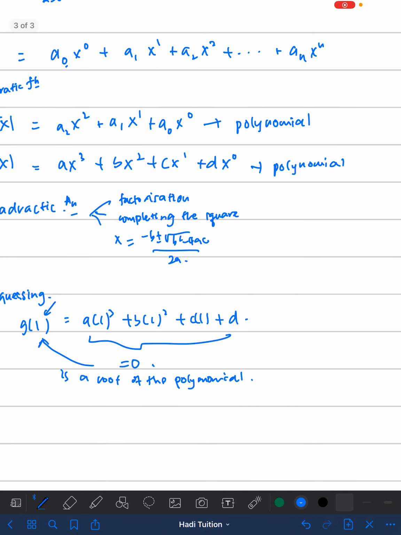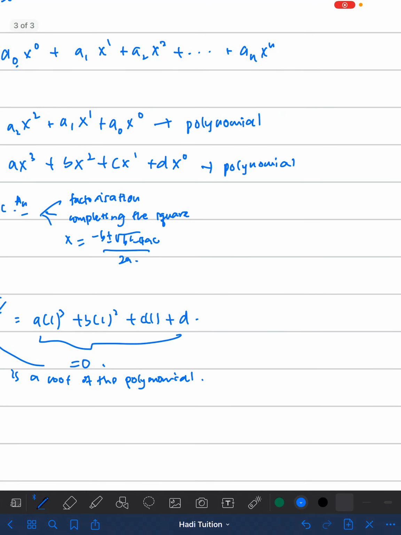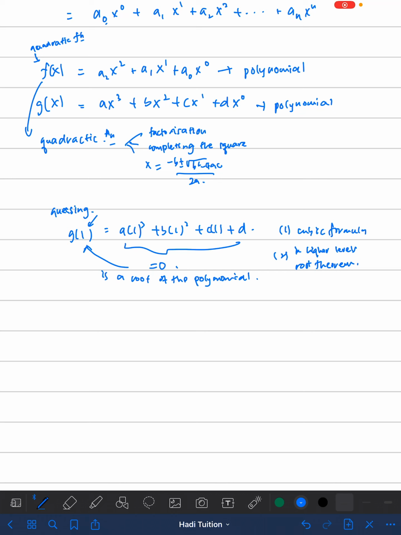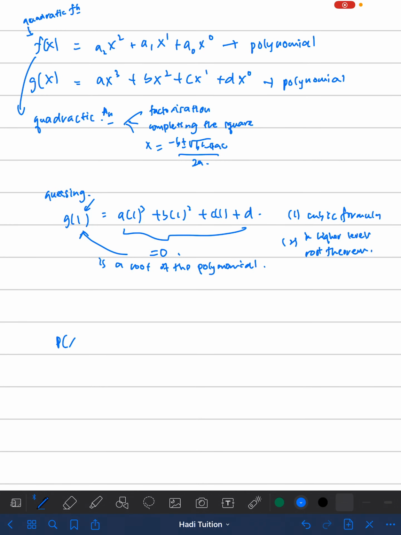You won't be tested on this, but there are many other ways to solve for this. Firstly, you could use the cubic formula, or in higher levels you have a root theorem. A polynomial can also be represented by this, where p(x) equals the divisor times the quotient plus the remainder.